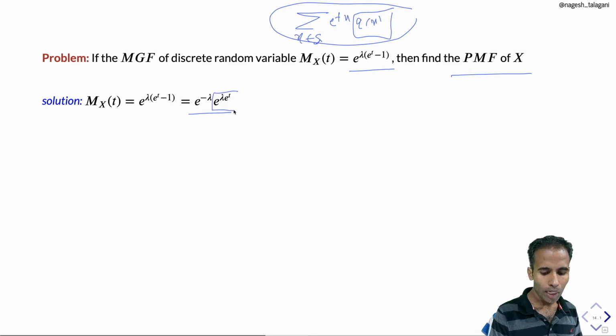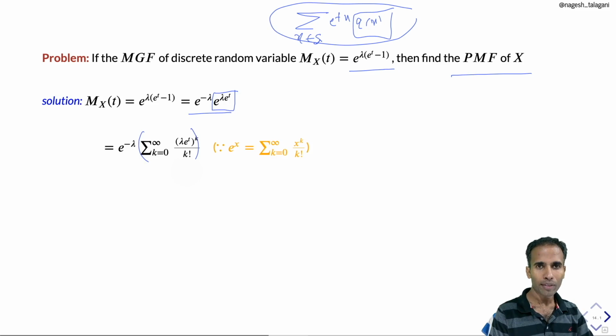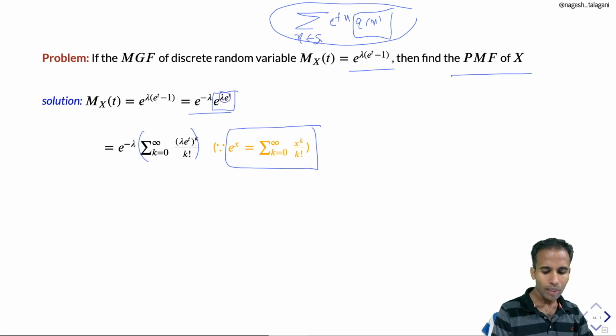This e power lambda e power t we can write in series form like this, because e power x is what? Summation k equal to 0 to infinity x to the power of k by k factorial. This is the Maclaurin series expansion for e power x. So here, in place of x, we are using lambda e power t. So e power lambda e power t gets replaced by summation k equal to 0 to infinity (lambda e power t) whole power k by k factorial.